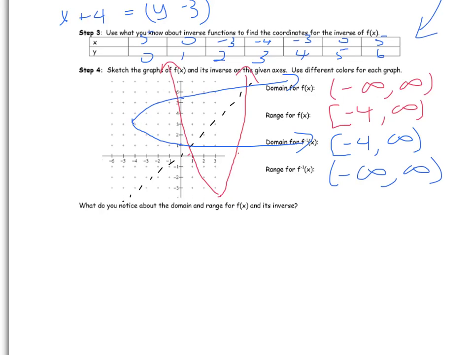Okay, I want to go back and look at this one for a minute. I'm not going to change anything on it, but I want you to notice our original function, the red one, did not pass the horizontal line test. It was not going to give us an inverse that was also a function. But if we limited the domain for that, if we said that our original function was only for x values bigger than 3, then if we only took the piece out here, we would only get back this part, and then it would be a function.